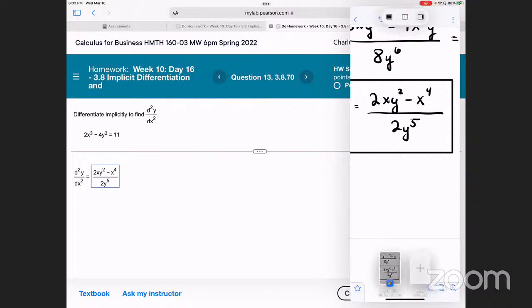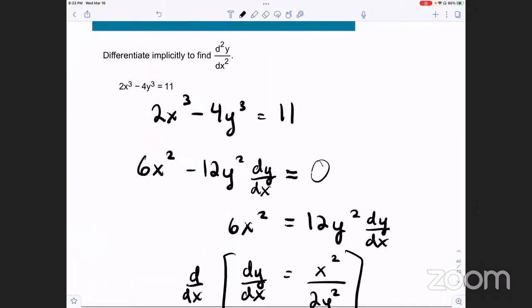So let's go back. Okay. Right here. Let's back up right here. 2x cubed minus 4y cubed equals 11, right? When you take the derivative, the 3 comes down. 6x squared, 12y squared, dy by dx equals 0.